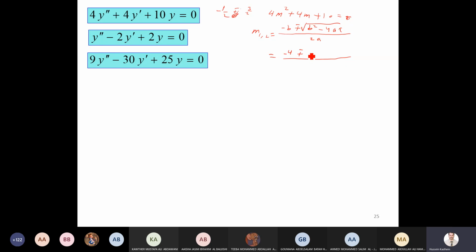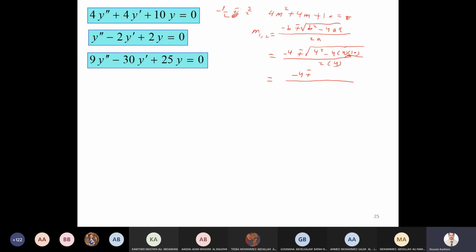Minus 4 plus minus square root 4 squared minus 4 times a, which is 4, times c, which is 10, over 2 times 4. Minus 4 plus minus square root of 16 minus 4 times 4 times 10, which is 160. How much?